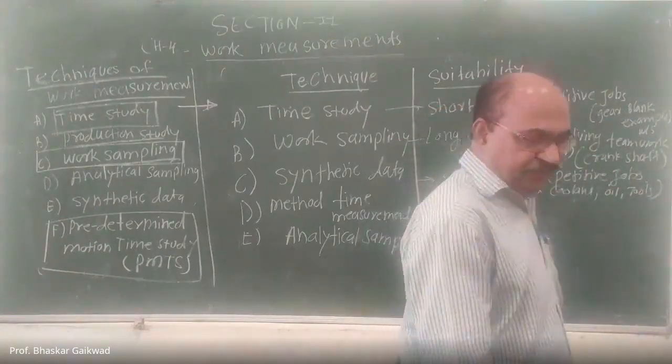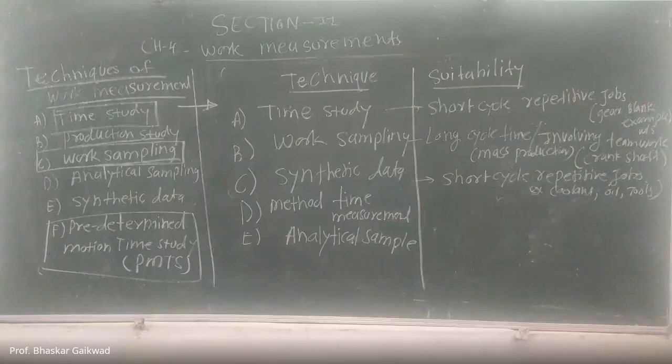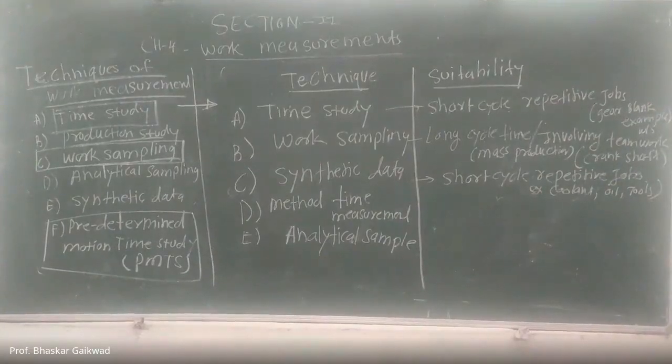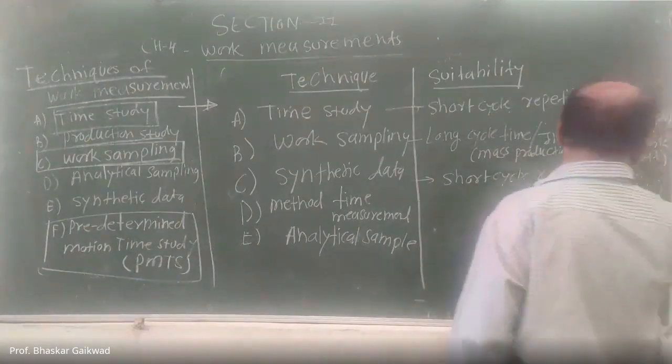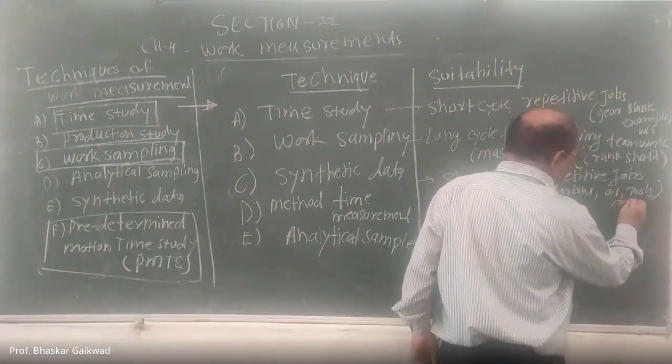Then tools, meaning carbide tools. Here we require different types of chemicals, the composition. Here you have to consider carbide tools.